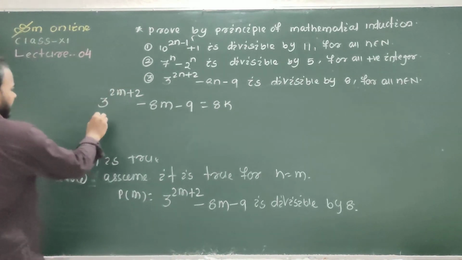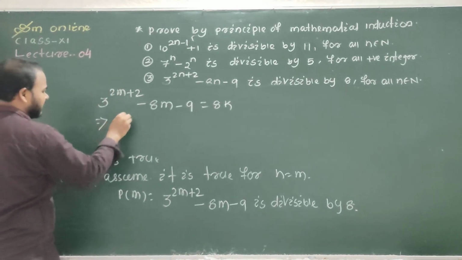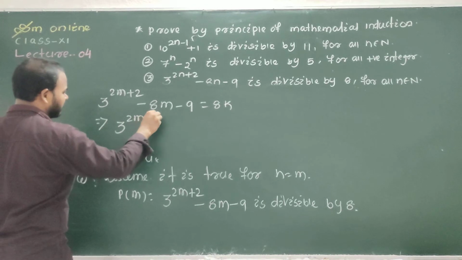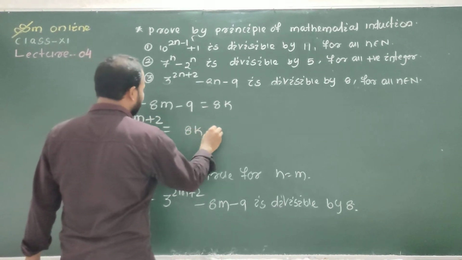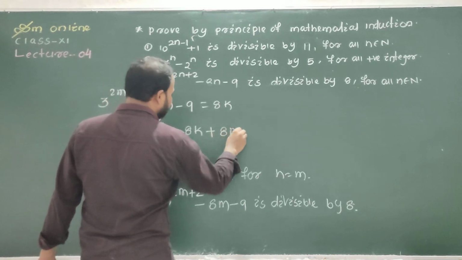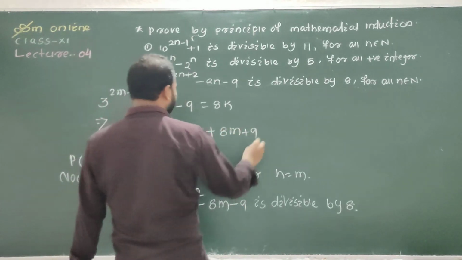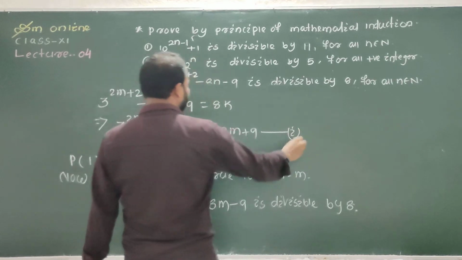Again, we can write 3 to the power 2m plus 2 equal to 8k plus 8m plus 9. This is the first equation.